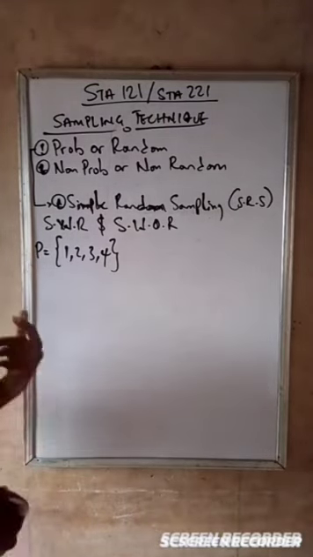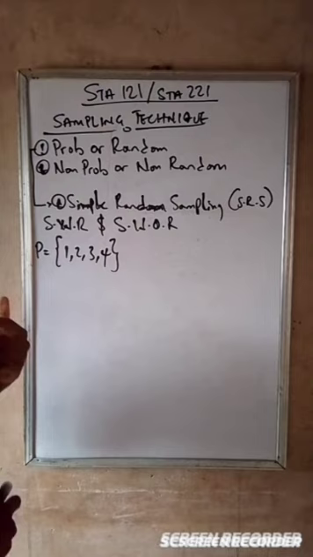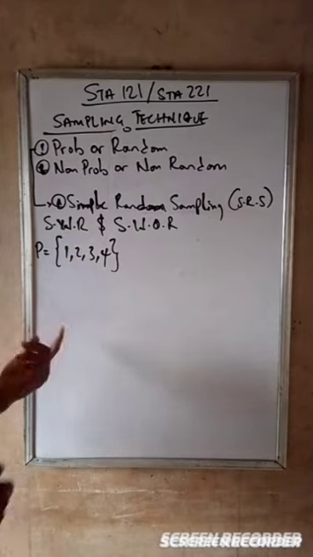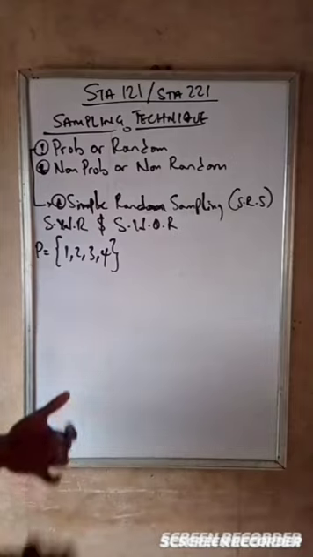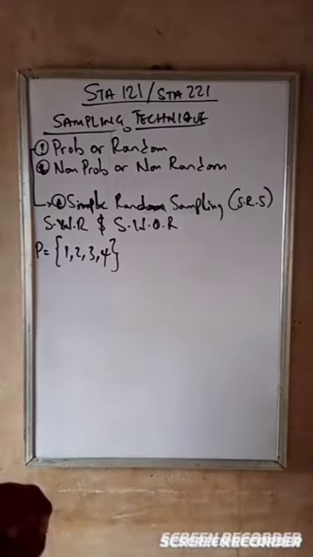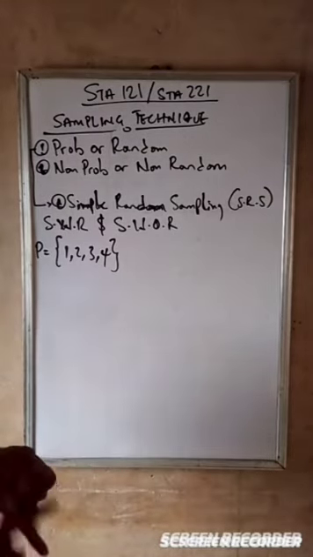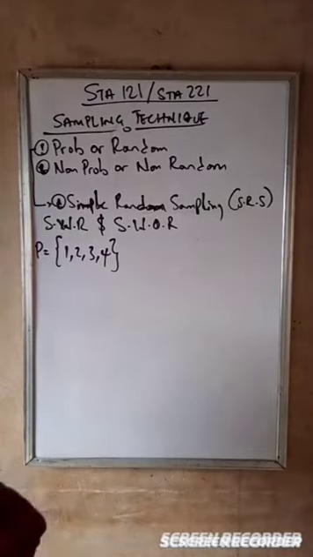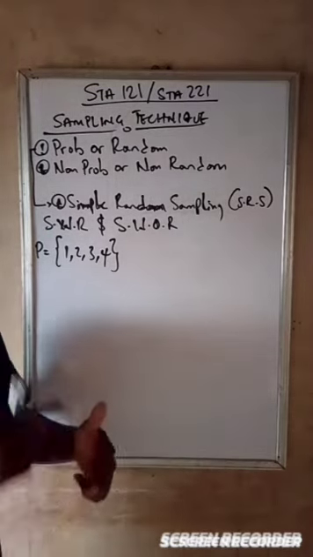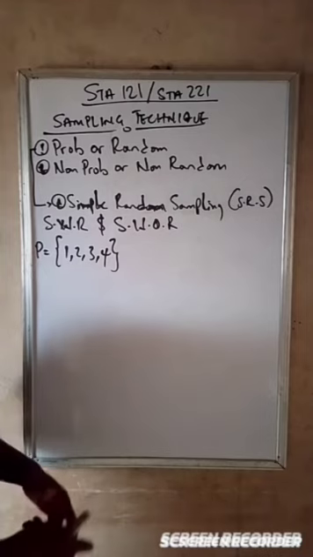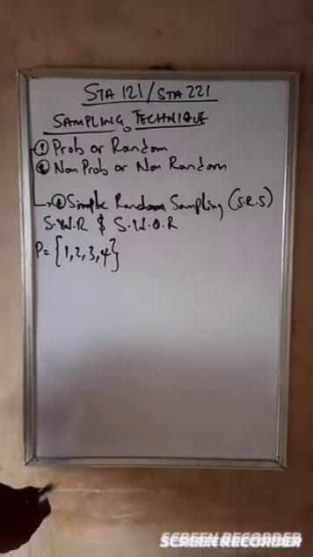They can ask you to calculate various things: the mean of the population, the standard deviation of the population, the mean of the sampling distribution of the sample mean, and the standard deviation of the sampling distribution of the sample mean.